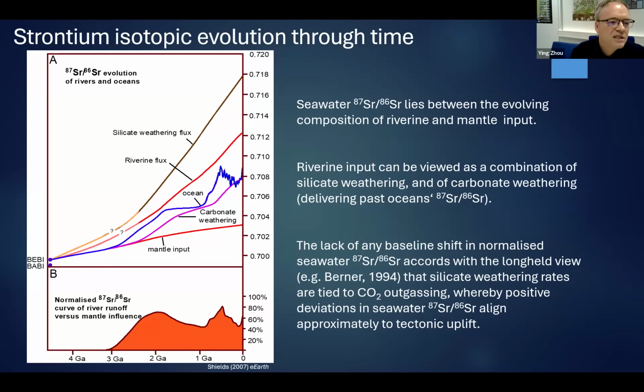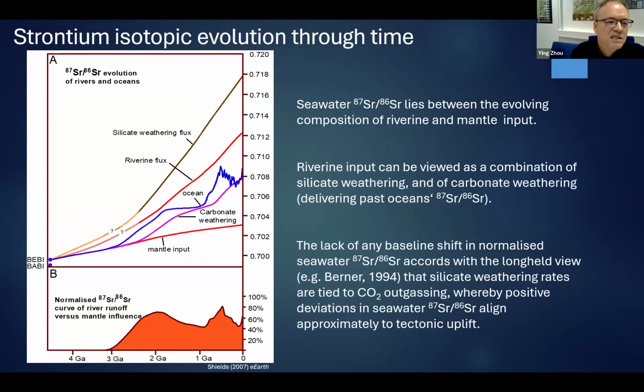What we also have on here is an idealized silicate weathering flux and an idealized carbonate weathering flux, because I think it's important to realize that most strontium coming into the ocean today is actually from limestone weathering. We have a fairly good idea of the composition of that limestone, because we know the average age of rocks undergoing weathering, and we know the isotopic composition of past oceans, so we can reconstruct to some extent the isotopic composition of carbonate weathering.